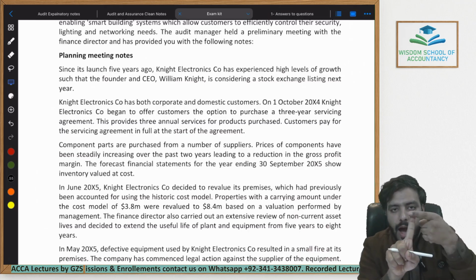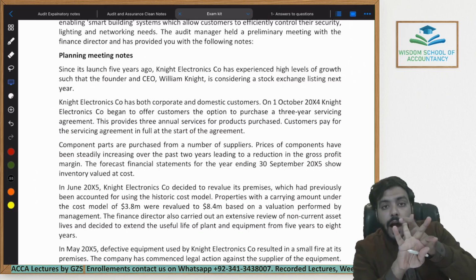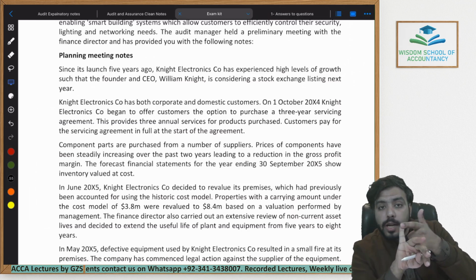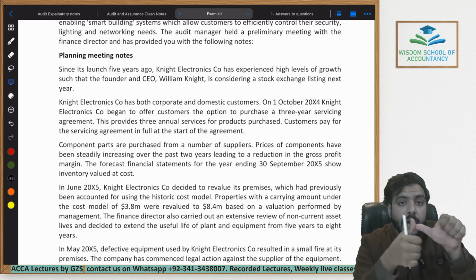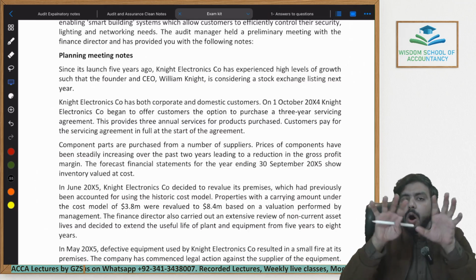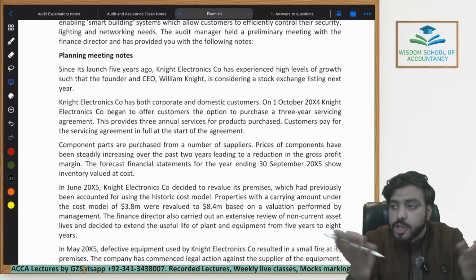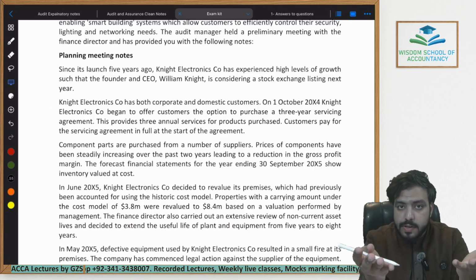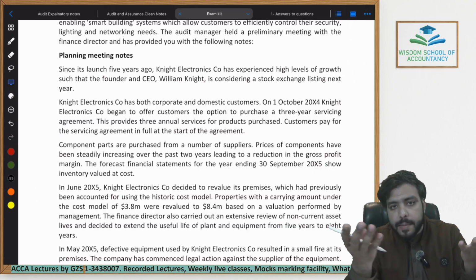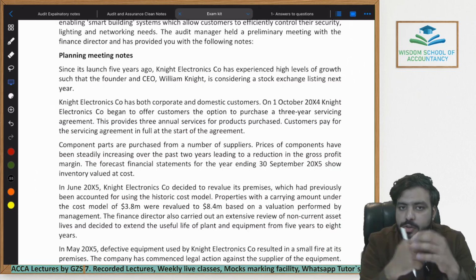By showing more revenue, higher profits, a higher value of assets, and also a low amount of total liabilities and a low amount of expenses within the financial statements. All of these things would ensure that they present a better financial image to you, the investors who will buy the shares of this company. If you see that this company has a very good financial image, you would want to pay more for its shares.